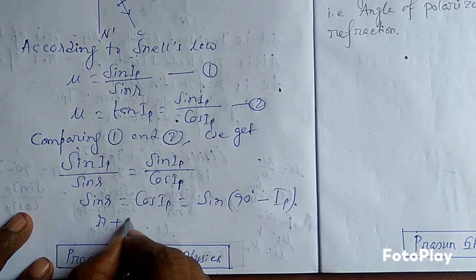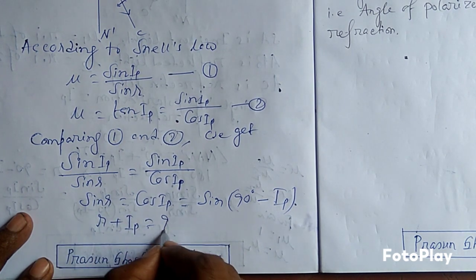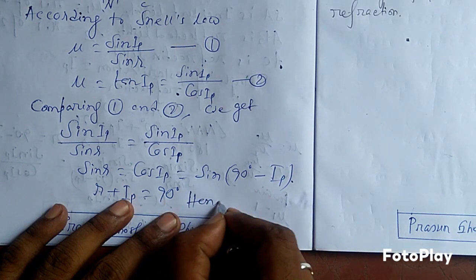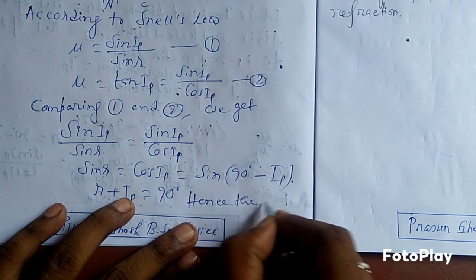So R plus IP equal to 90 degree. Hence the proof.